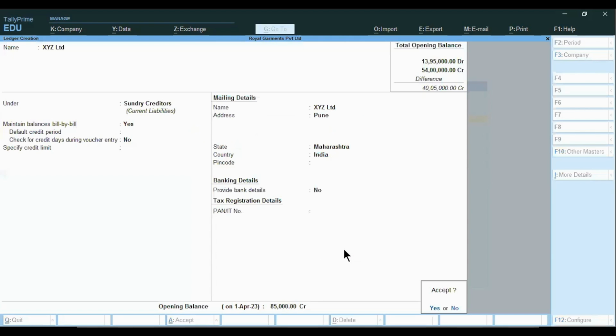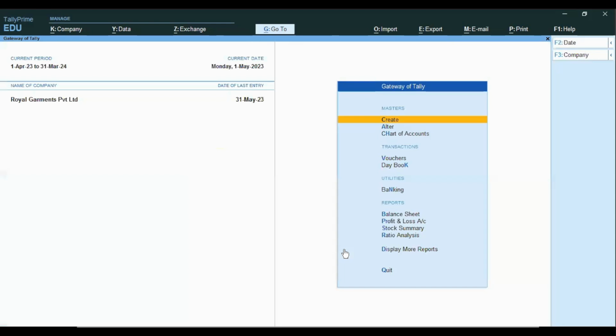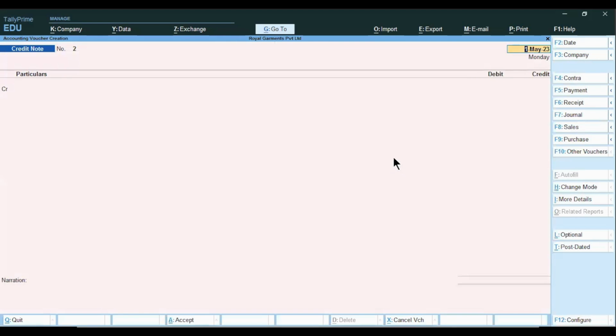So this is our creditor, and suppose we are making payment to the creditor. Total we have paid 50,000 to the creditor. How will we pay? So go to voucher, enter. Now we need to pay. So we will select F5 payment voucher, and the date, as on which date we are paying.